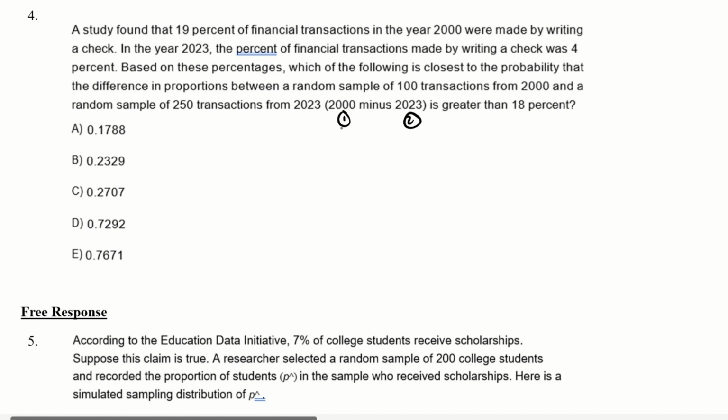So they want the probability that P hat 1 minus P hat 2 is greater than 18%, so 0.18. In order to do that, we need to verify that it's a normal distribution so that we can use the normal distribution calculations here. So we're going to do that real quick.